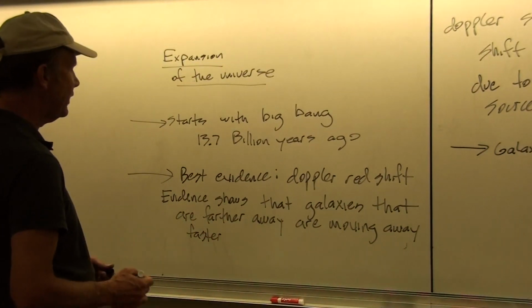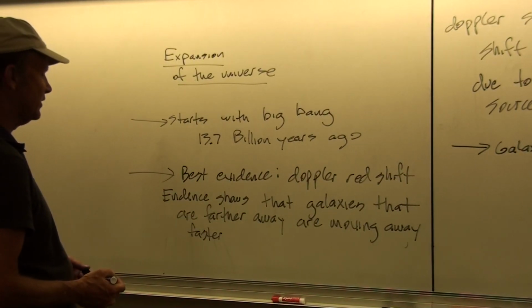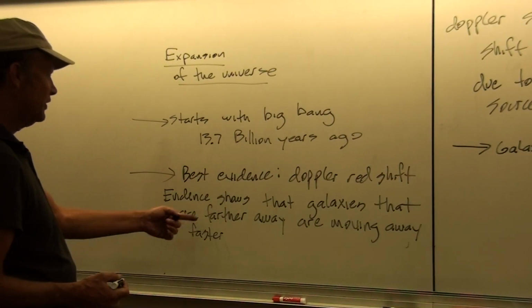Galaxies that are farther away from us are moving away faster than more nearby galaxies.